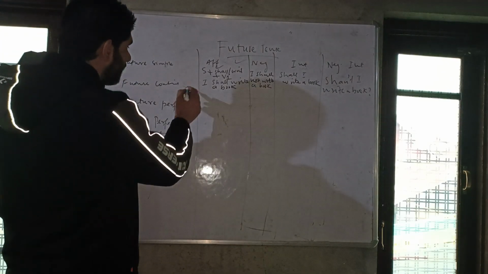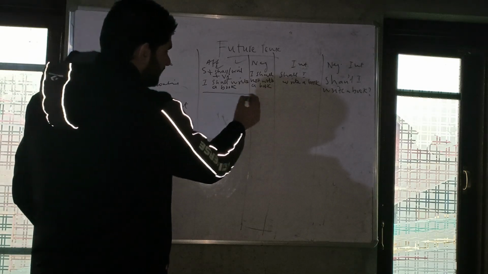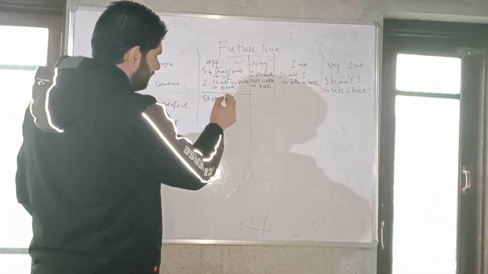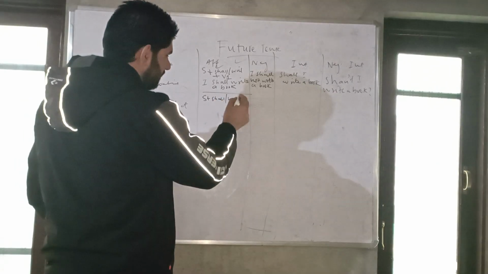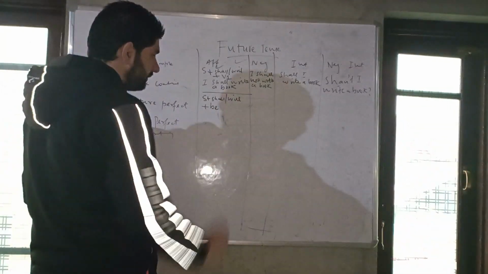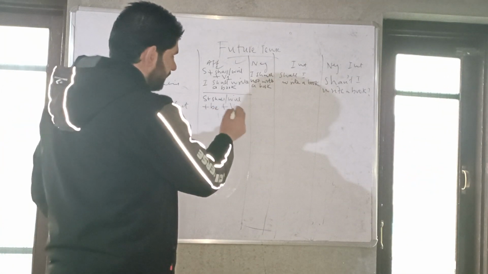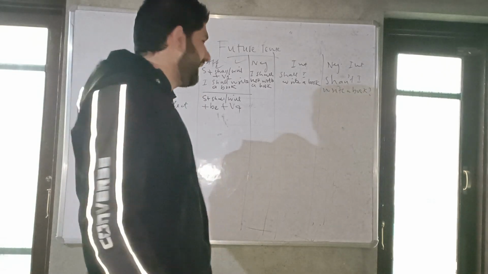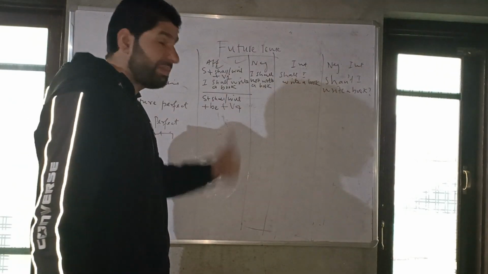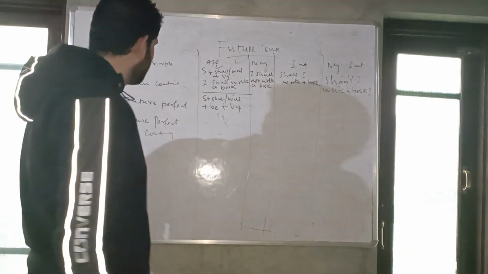And similarly, when you come into future continuous, see how the structure will be. Subject plus shall or will plus be plus V4. Here we do not use have, has or had. So what will it be like?